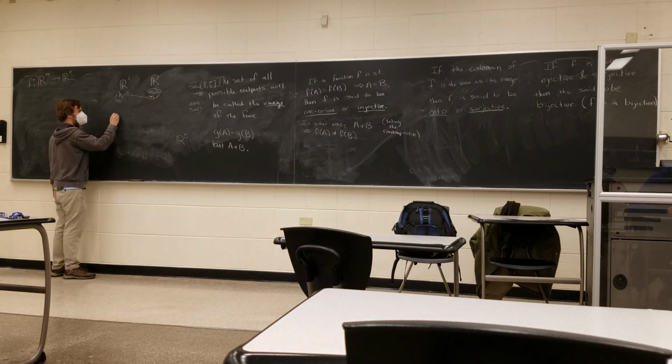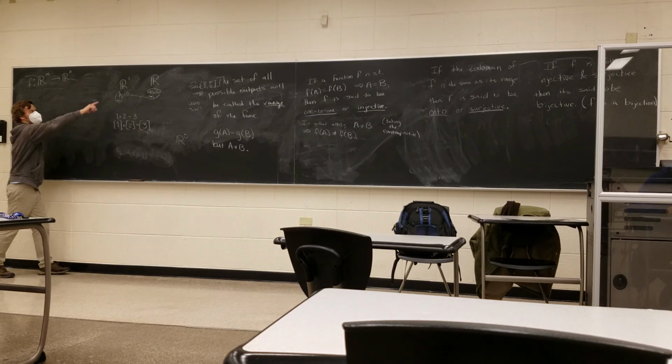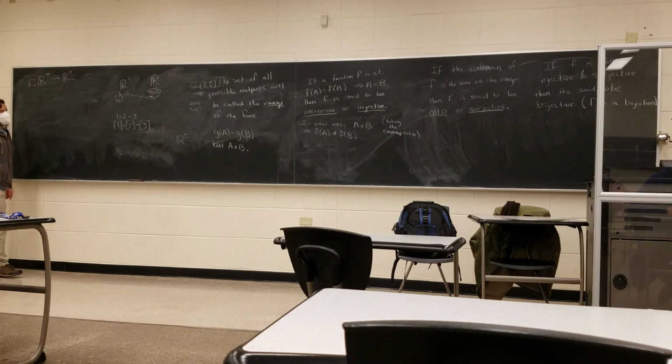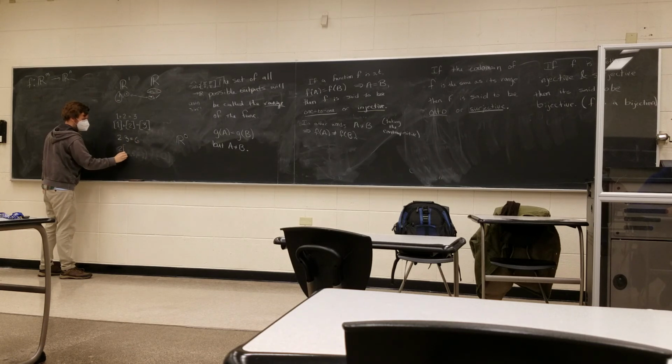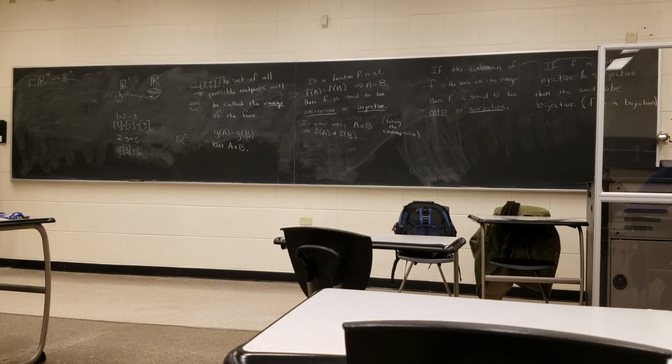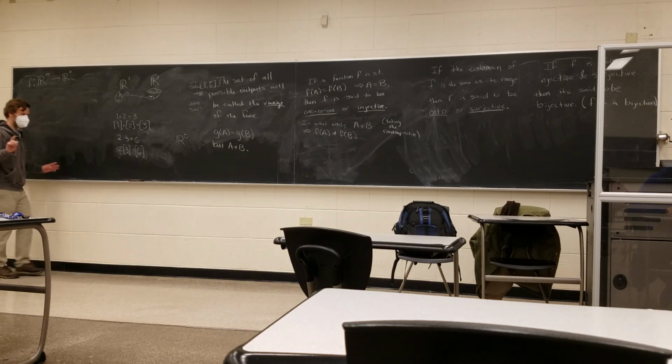To distinguish them, we might write 1 plus 2 equals 3 for this, and the vector 1 plus the vector 2 equals the vector 3 for this. And 2 times 3 equals 6 gets translated to the scalar multiple of 2 of the vector 3 is, sorry, somebody was thinking that, I can tell, the vector 6. So that's the distinction between the two.